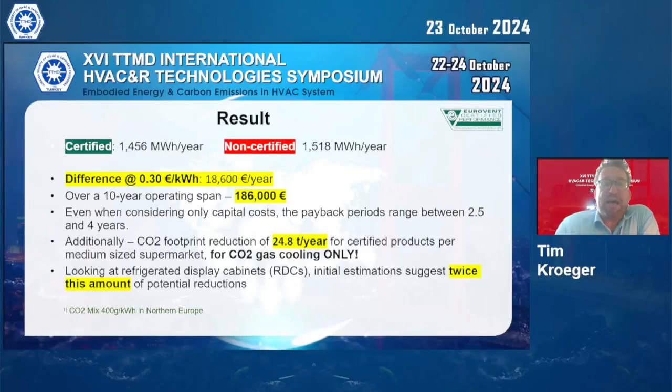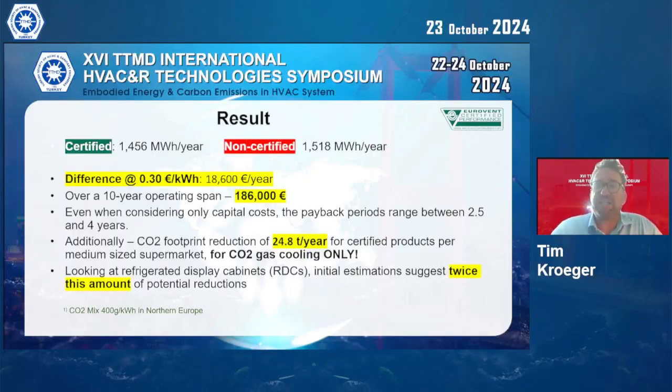If we look at the CO2 footprint reduction that we can achieve if we use certified heat rejection equipment, for an average supermarket, this is about 25 tons per year. And this is only for the CO2 gas cooling. We haven't even started to look at the cooling cabinets, the display cabinets in the supermarkets.